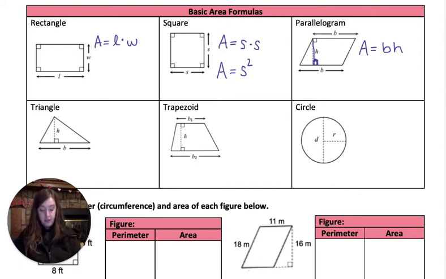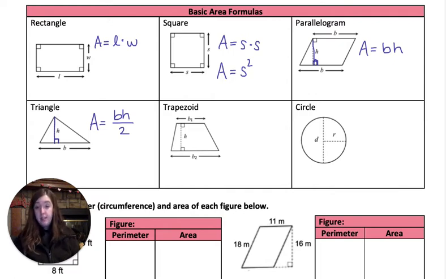With a triangle, my area is going to be base times height divided by 2. And remember, our height is always going to make a right angle with our base. The height always makes a right angle with the base.